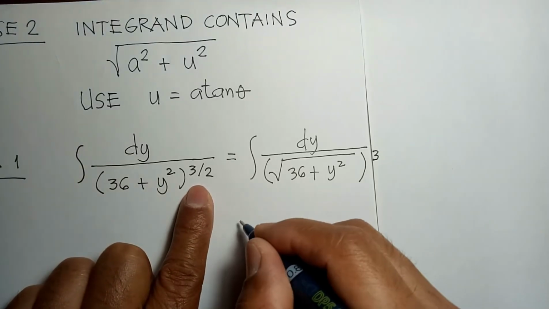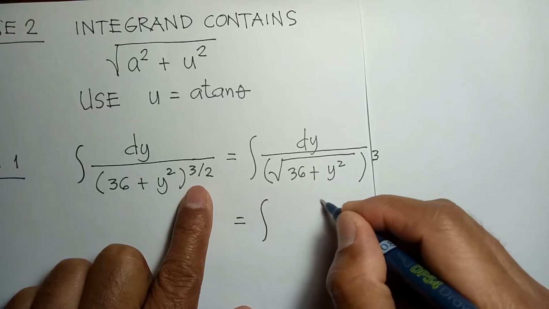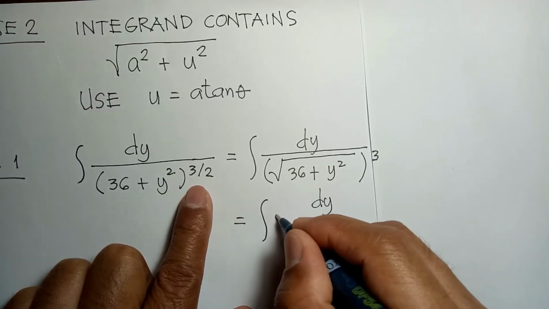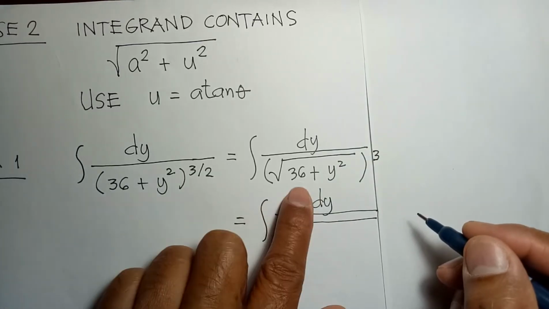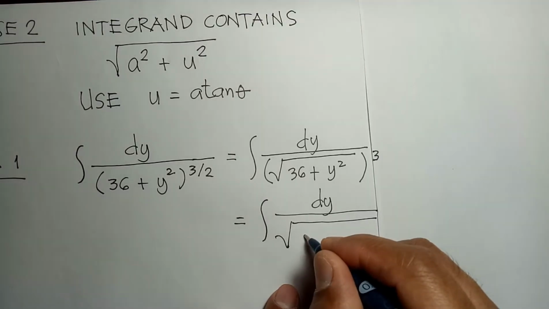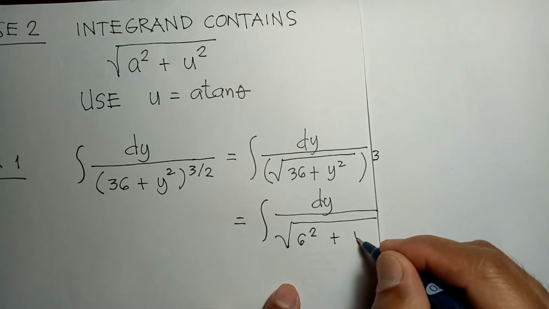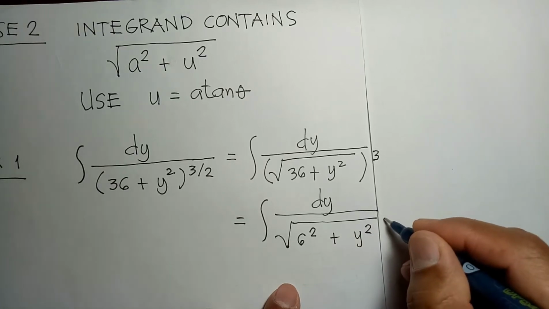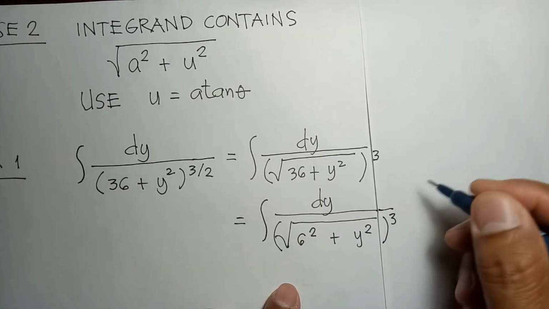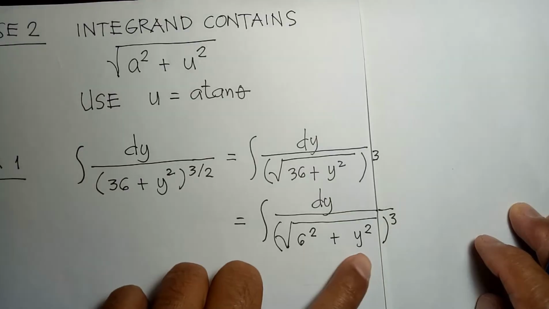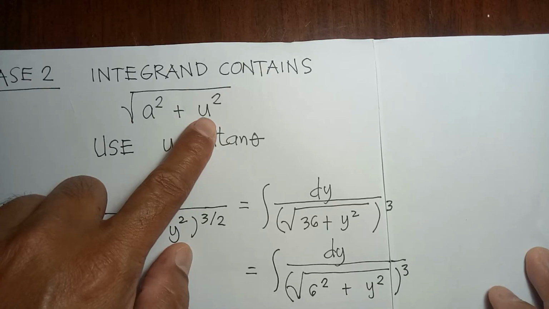Okay, so this is also equal to the integral of dy divided by square root. At yung 36 naman ay equal siya sa 6 squared plus y squared. And then raised to 3. Kaya yung square root of 6 squared plus y squared takes the form of square root of a squared plus u squared.